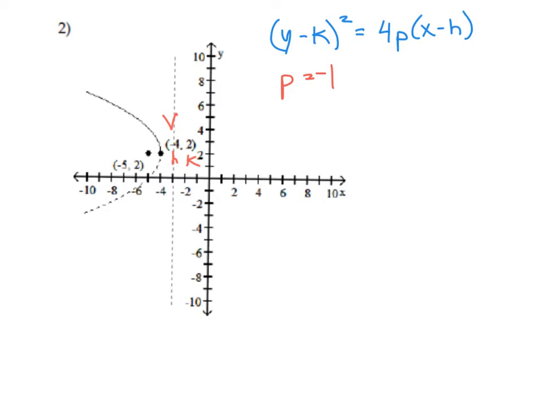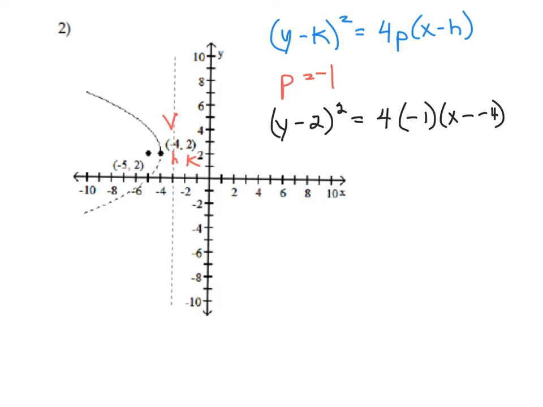Let's go ahead and put all this information together in my equation. So y minus, now make sure you're using the y-coordinate of the vertex, so y minus 2 squared equals 4 times the p-value -1 multiplied by x minus the x-coordinate of the vertex.